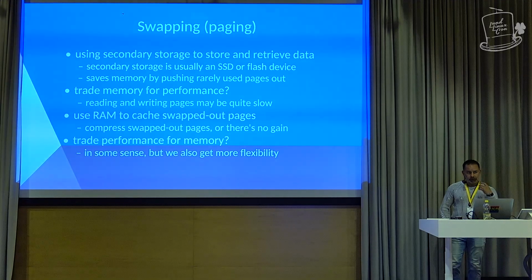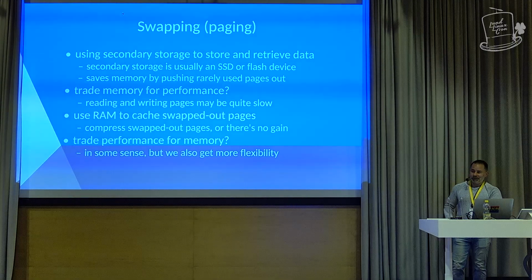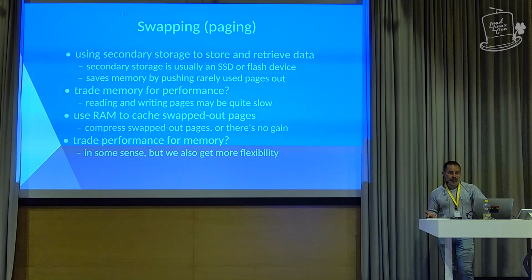By doing this, we, in a sense, trade memory for performance, because the secondary storage is usually slower than the primary storage. What we can do to mitigate that is use RAM to cache swapped out pages, and that would defeat the purpose, basically, if we don't do a special trick of compressing the pages that are being swapped out.